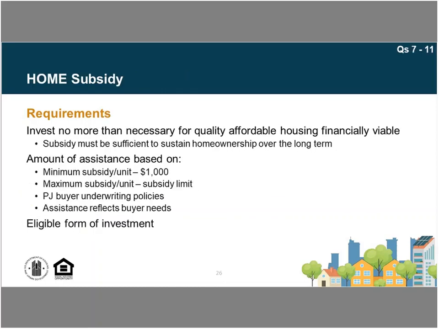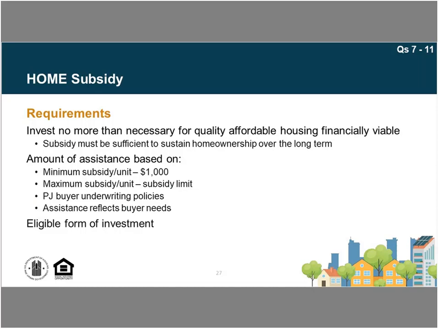Now, the HOME subsidy. Let's go first to the overarching requirement that you, as a PJ, are supposed to invest no more than is necessary to achieve quality, affordable housing that's financially viable for at least the period of affordability.